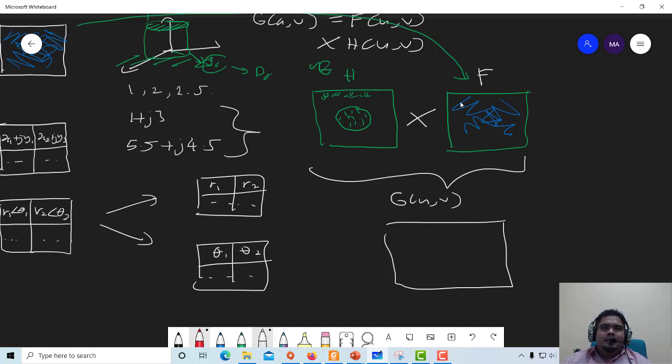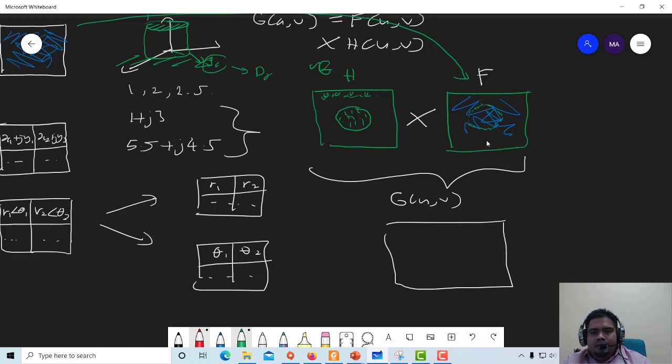It's a typical multiplication operation, so you don't have to worry about it. If this is the circle, I just impose this H onto my F. I draw the D naught circle there, so anything outside becomes 0, and what is inside is retained.